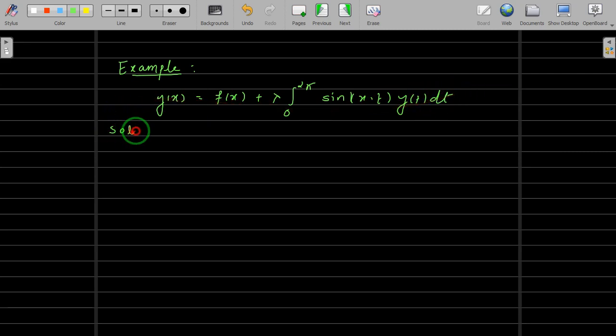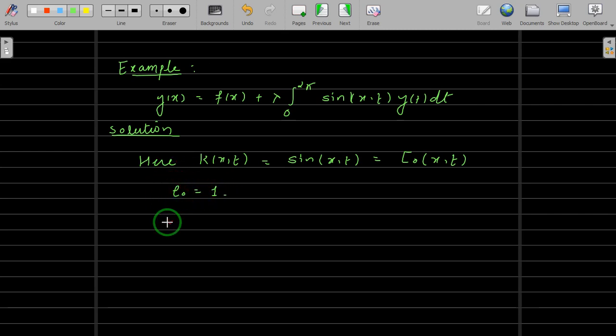Let us solve this by using Fredholm's first theorem. Here the kernel k of x comma t is nothing but sin of x plus t, and we are denoting this by capital C0, that is C0 of x comma t, and we already know that small c0 is 1.